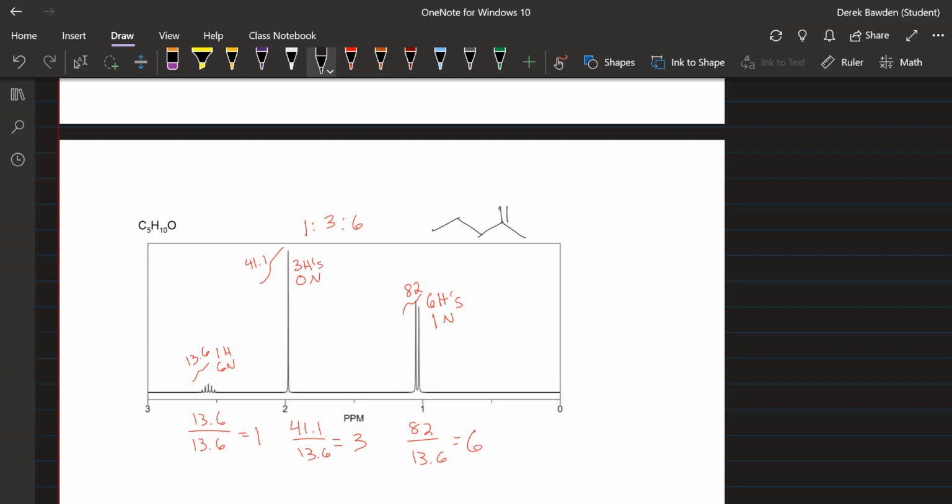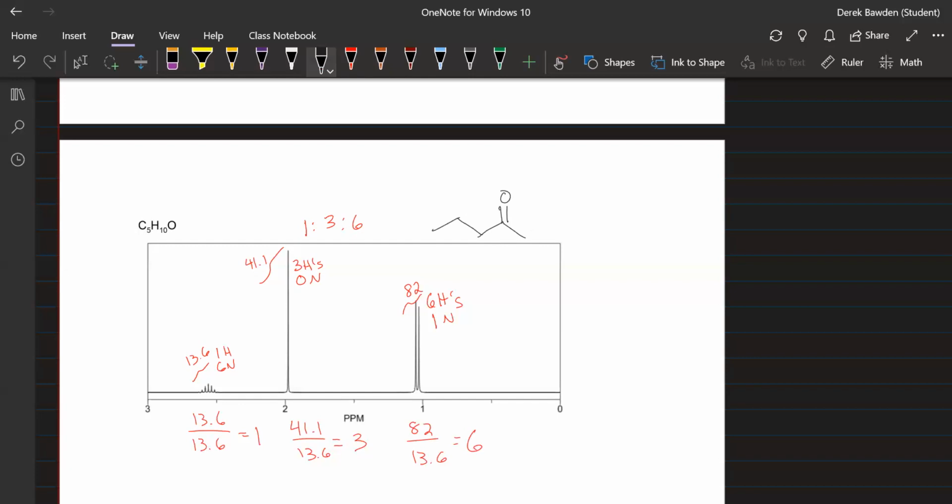I don't know what it is yet, but we'll start with a ketone. Now we need to determine if it fulfills our chemical formula. So we have 3 hydrogens, 4, 5, 6, 7, 8, 9, 10. So yes, we do have C5H10O. That is a good chemical formula.